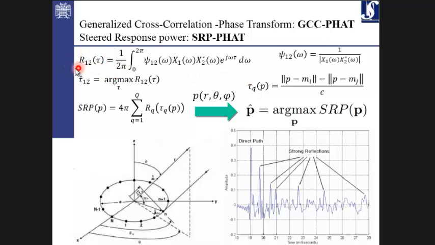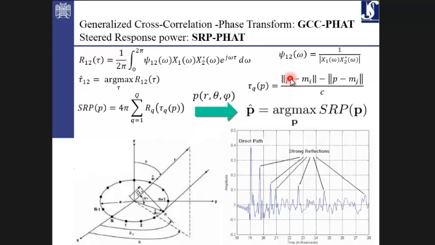After calculating this cross-correlation function, which depends on tau, and tau in turn depends on P, the tau that maximizes the cross-correlation is the tau we are looking for. When we get the tau as the maximizer of this cross-correlation function, you put it here, you have c, you have the positions of MI and MJ, and you can calculate P as the position of the source.